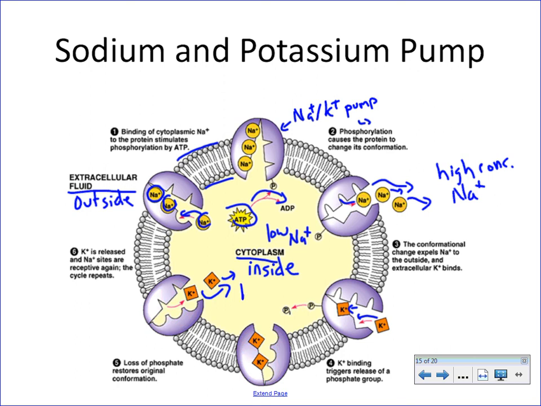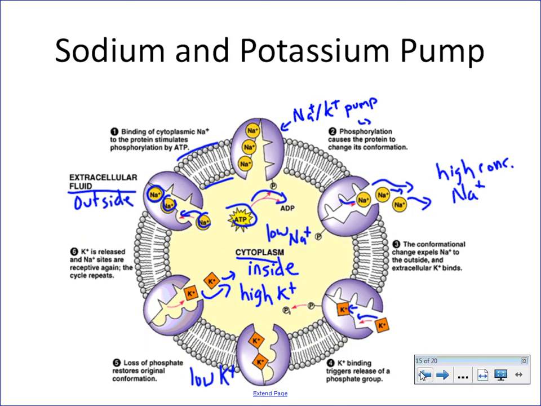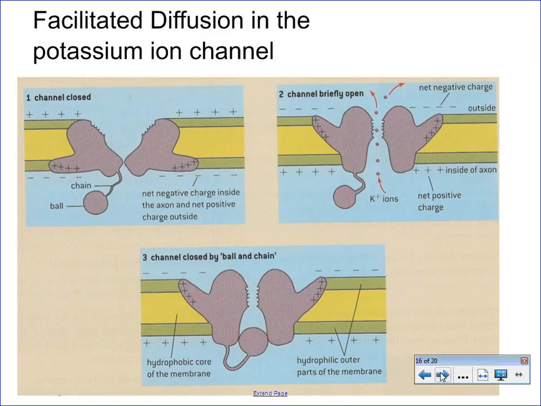And what you end up with on the inside of the cell is a high concentration of potassium ions and a low concentration of potassium ions on the outside. And this process will continue to repeat itself, building up this high concentration of sodium ions on the outside and high concentration of potassium ions on the inside.